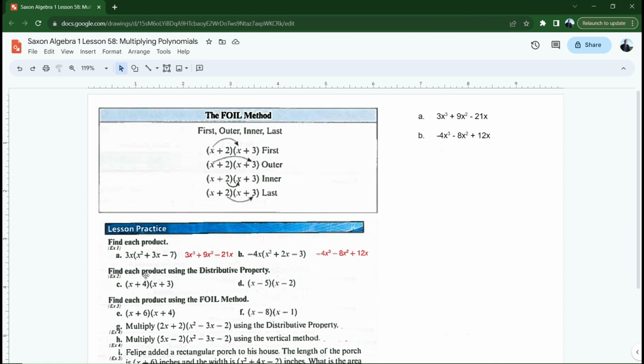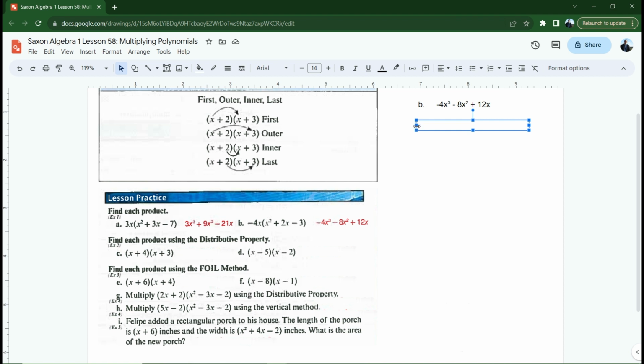I'm going to multiply this times both terms in the second, this times both terms in the second. Everything needs a plus or a minus sign in between, and I'm just going to use the sign for whether the number was positive or negative. All right, so let's see how C works out for us using the distributive property. Letter C. First, I'm going to do x times x.